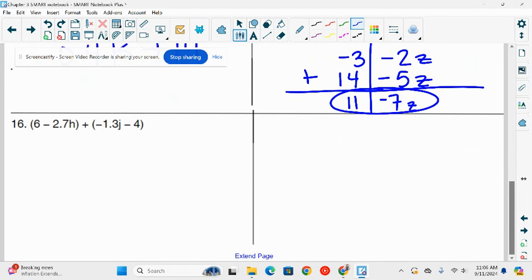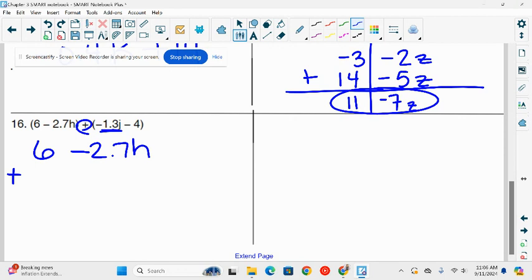Okay. Let's look at 16. I've got 6 minus 2.7h plus, I have a J there. Can it go under my H? They have to have the same variables.